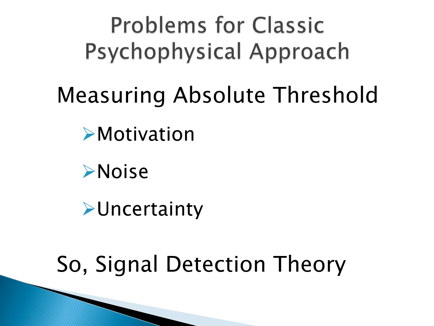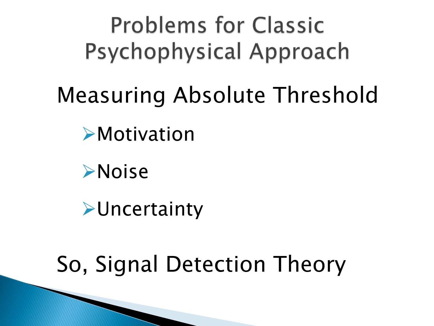In addition, there's always noise. There is noise in the environment. There is noise in the system. There's always neural firing, so there's this kind of internal noise. And so there's always this uncertainty.